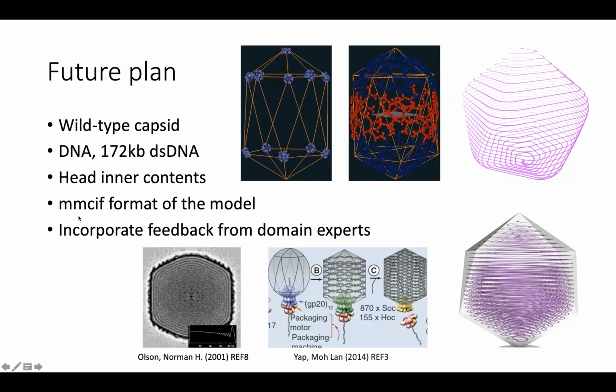And we are also converting the model into MMCIF format that is more commonly used in the domain. We would appreciate it very much if you can provide feedback on how to improve the model, and we will incorporate the feedback whenever possible.